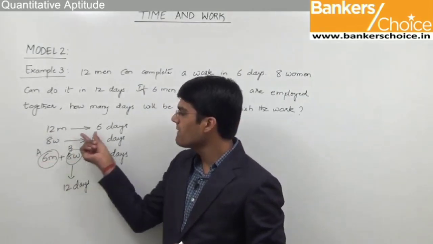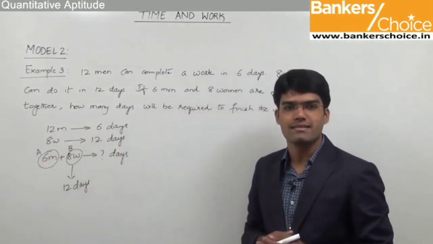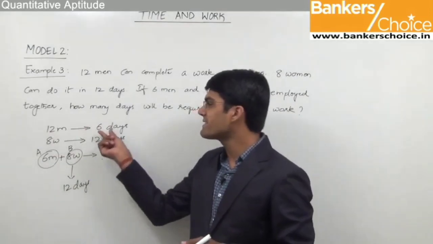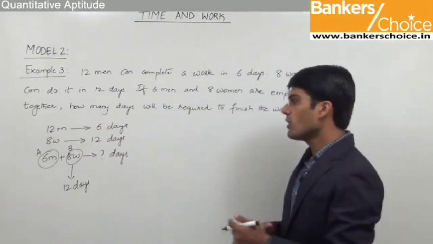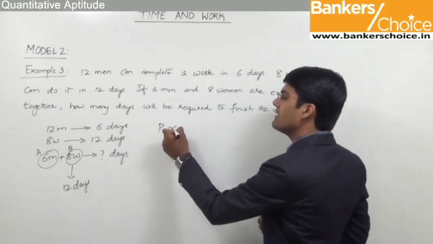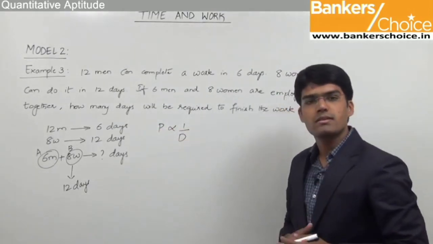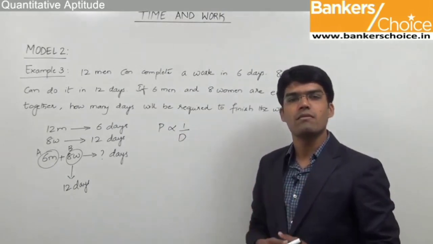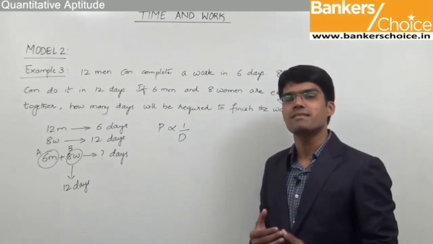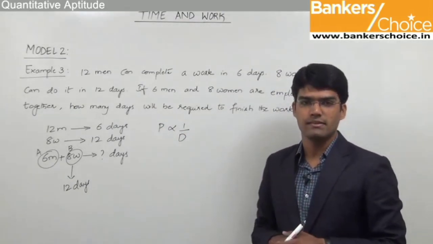We know that 12 men can finish the work in 6 days. Now if 12 men take 6 days, how many days will be required by 6 men? We have already discussed that persons and number of days are inversely proportional to each other. That means as the number of persons increases, the number of days will decrease, and as the number of persons decreases, the number of days will increase.